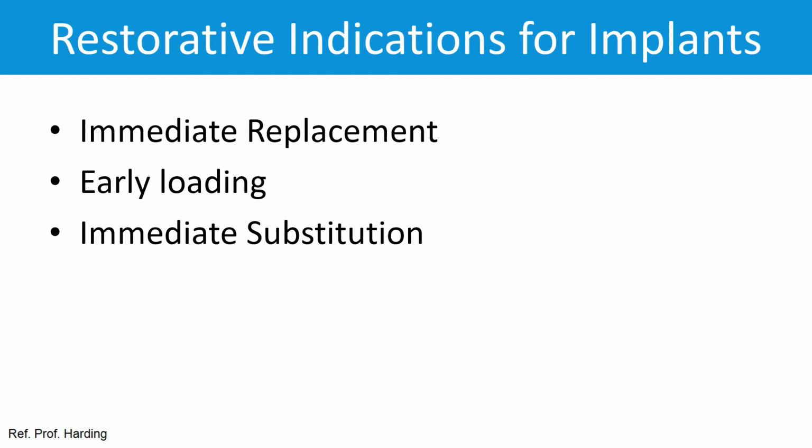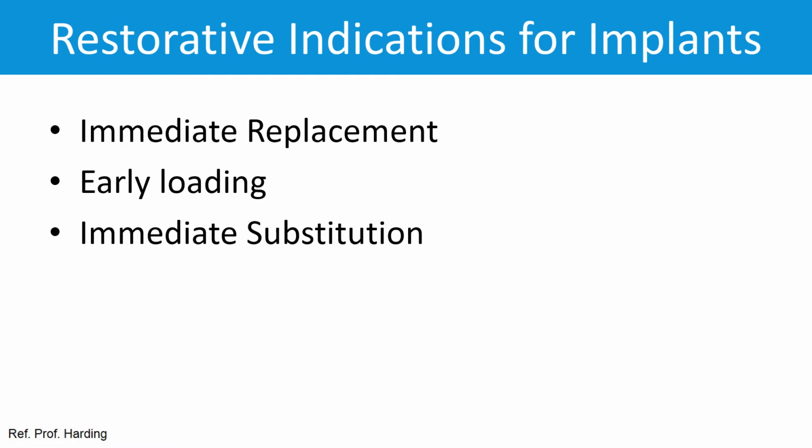And then the idea came about, well, could we reduce the loading times? Because although the Brånemark protocol set loading times of between 4 months to 6 months for the establishment of osseointegration, clinicians began to wonder whether it was necessary to wait quite as long for this to establish before using the implants, or even in fact if we needed osseointegration in the first place, or whether we could rely on osseofixation to hold our implants.